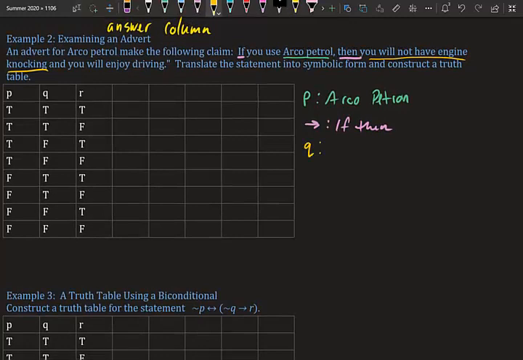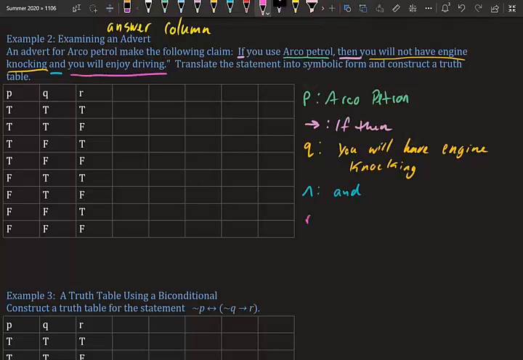So our Q is you will have engine knocking. Let's keep going. We have another connective word. We have and. We have another subject. You will enjoy driving.